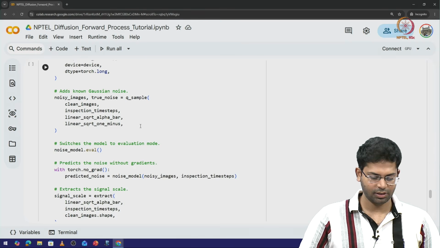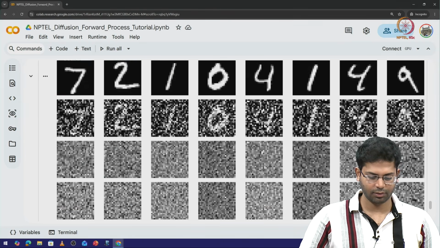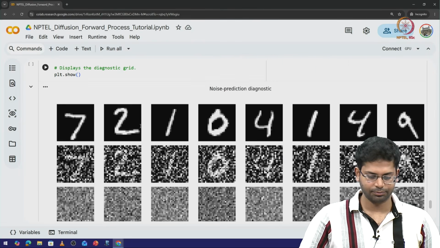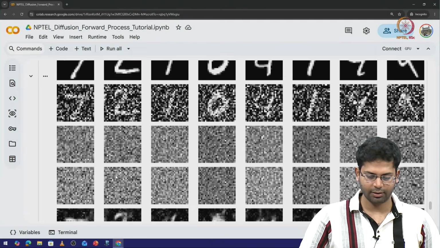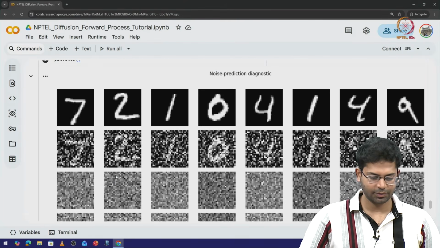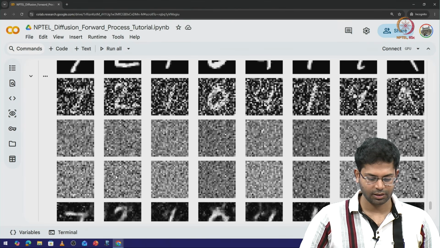So if you try to visualize it, you can see that the first row and last row compare. The first row are the original images and the last row are the reconstructed images obtained by subtracting the learned noise.